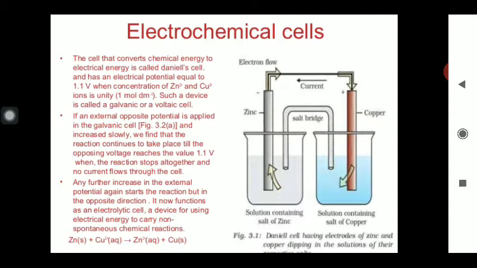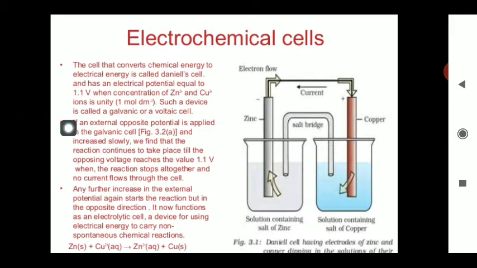This electrochemical cell is made up of two specific beakers. In one beaker we have taken the zinc sulfate solution, where a zinc electrode is added. On the other side we are taking the copper sulfate solution, and the copper electrode is added in the beaker.